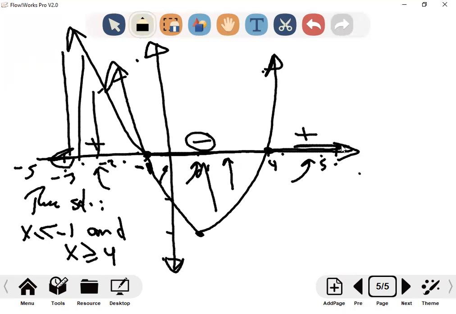This part here gives me positive. But if you want to be sure, just select any number randomly and you can know. Because there we wanted negative, but here we wanted the part of the positive. Done?